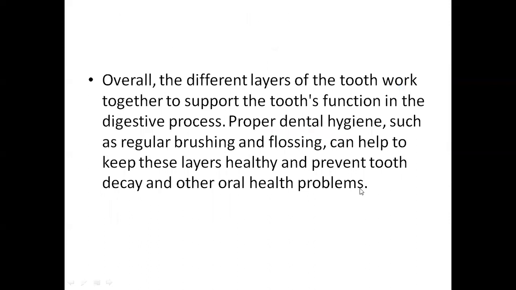So overall, the different layers of the tooth work together to support the tooth function in the digestive process. Proper dental hygiene, such as regular brushing and flossing, can help to keep these layers healthy and prevent tooth decay and other oral health problems.